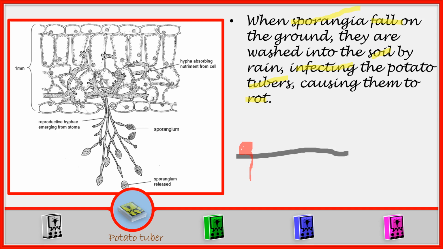And when they reach the soil, they will find there the potato tubers, and they are going to infect the potato tubers, which is going to cause the potato tubers to rot. They will start rotting.